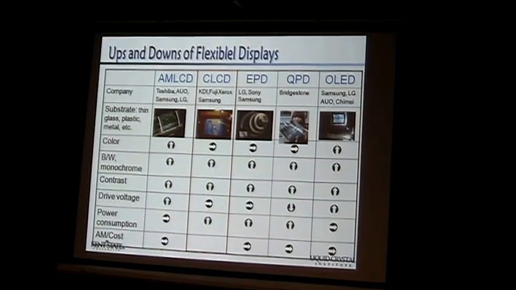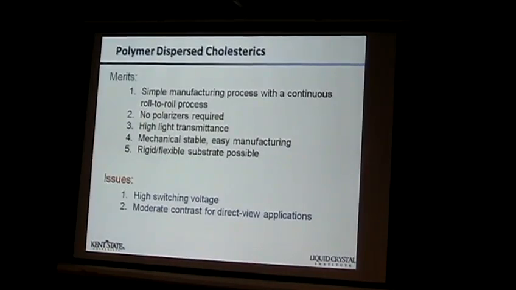So in that case, we focus on cholesteric liquid crystal displays for the next topic. This topic is talking about polymer cholesteric materials so that we can make the display. I think there's a reason for this, because the manufacturing process is quite easy, and you can use a continuous application method. There's no problem with high brightness, and you can stack different kinds of layers.